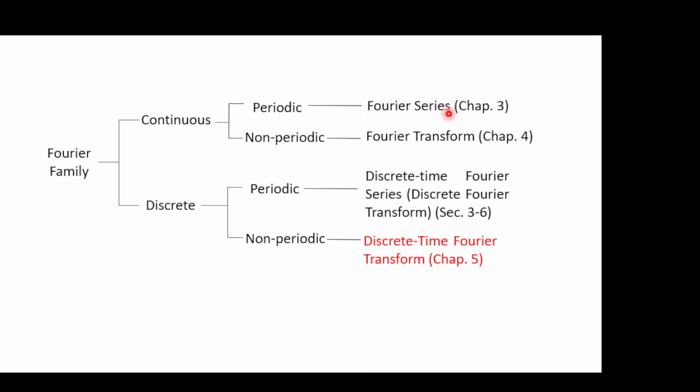We have the Fourier series in chapter 3. Those are for the continuous time periodic function. Fourier series is for both discrete time and continuous time. So we have a continuous time Fourier series, and in chapter 3, we also have a discrete time Fourier series. And it's something very nice because it always converges.